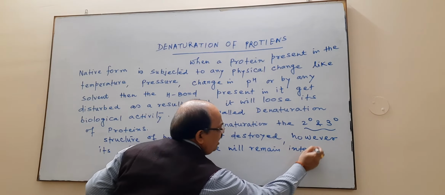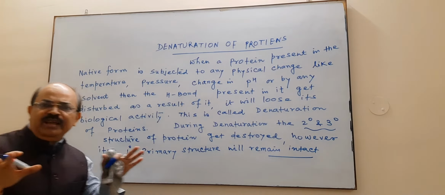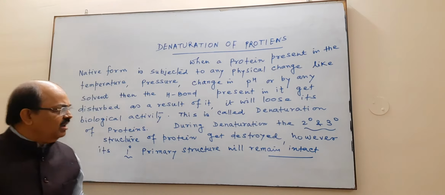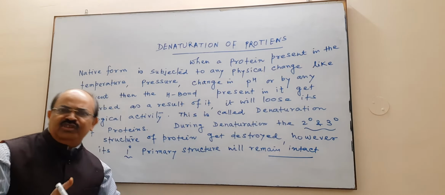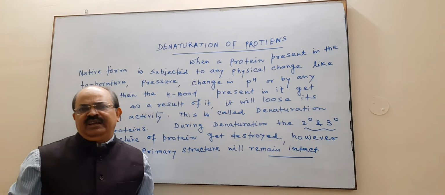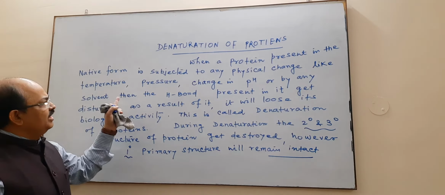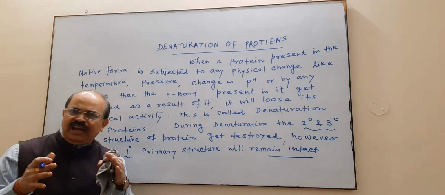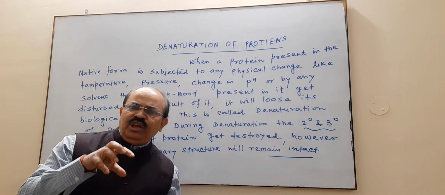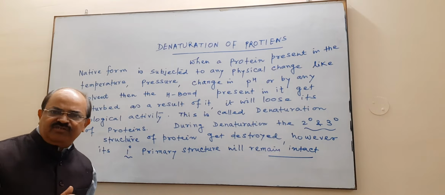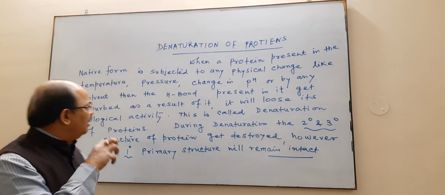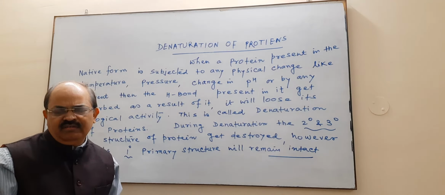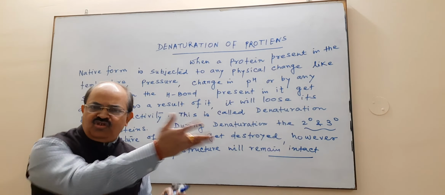Remain intact कहने का मतलब ये हुआ कि इनके प्राइमरी स्ट्रक्चर में किसी तरह का कोई चेंज नहीं होगा, जबकि इनका सेकेंडरी और टर्शियरी स्ट्रक्चर में चेंज हो जाएगा, because there will be change in the hydrogen bond, because the hydrogen bond which is involved in the secondary and tertiary structure of protein will be disturbed, or you can say destroyed.